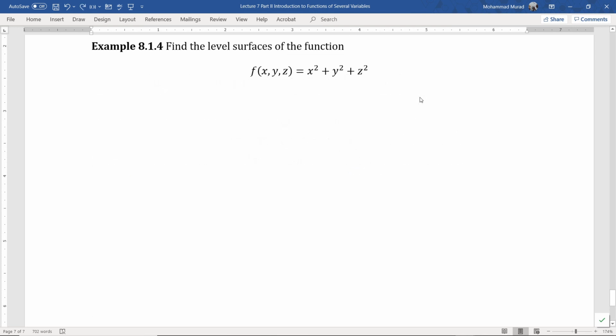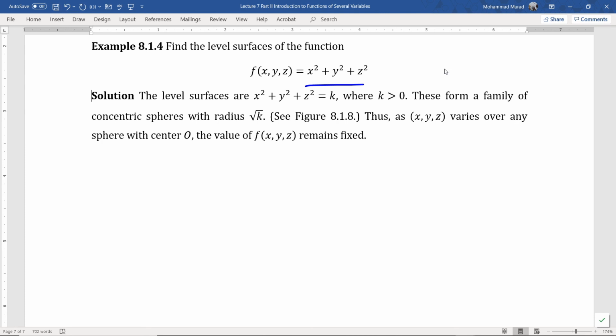Let's have a look at an example. Find the level surfaces of the function f, where f of x, y, z is defined to be equal to x squared plus y squared plus z squared. The level surfaces are given by the equation x squared plus y squared plus z squared equal to k, where k is some positive real number.